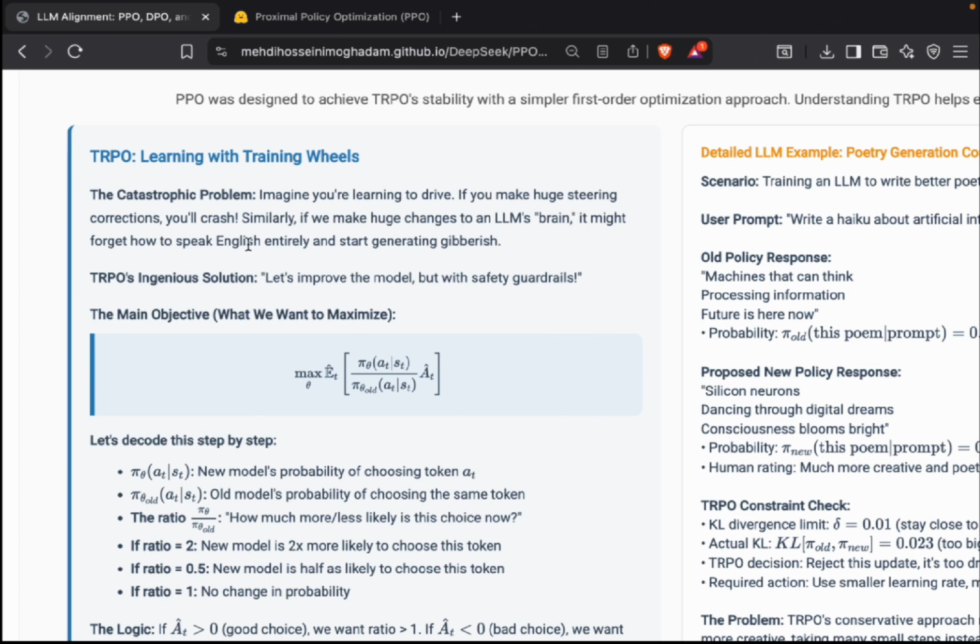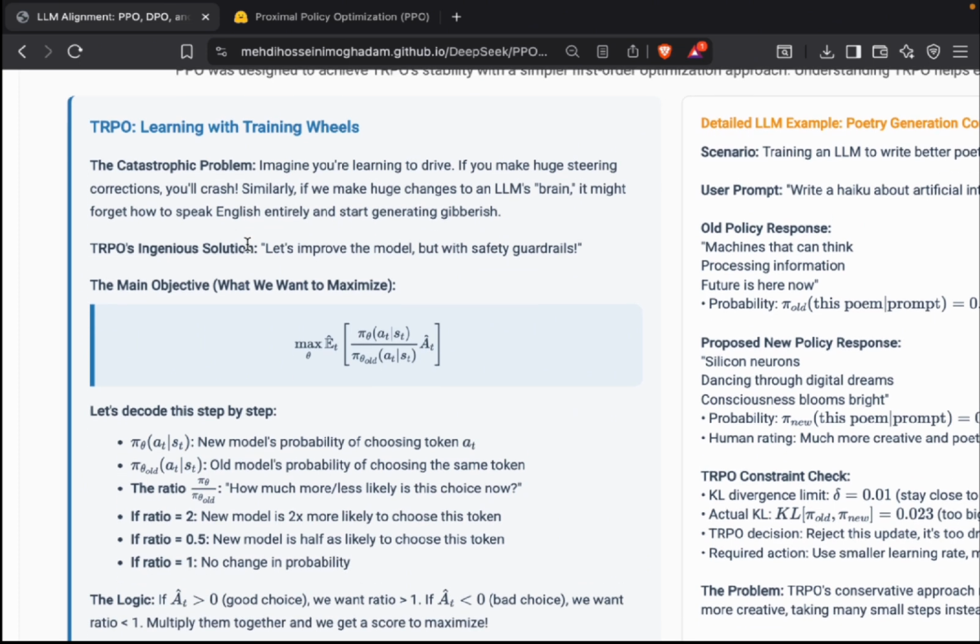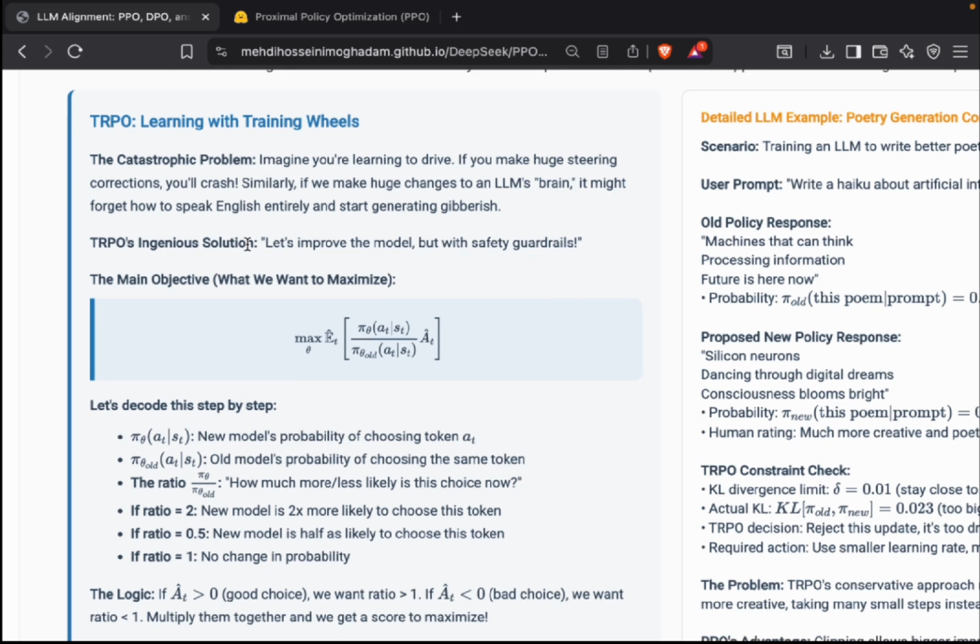It might forget how to speak English. It might not necessarily be this big, but it might forget a specific amount of knowledge learned in the previous steps, which is definitely something we want to avoid. So how can we overcome that?